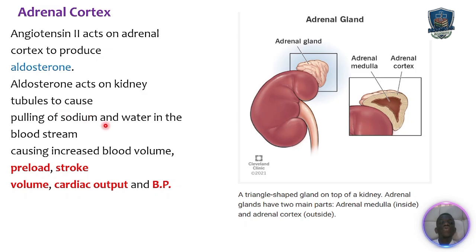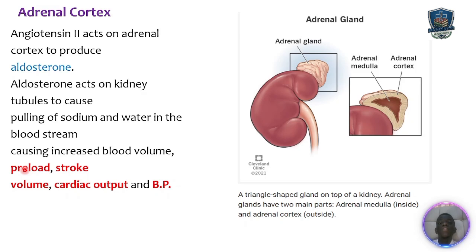Now, once you retain water, what happens? This will lead to an increase in the venous return, automatically leading to an increased preload. An increased preload, we know, will lead to an increased EDV, increased stroke volume, and also cardiac output, and largely blood pressure. So when you retain a lot of sodium and water, you are increasing the blood volume, and that will increase venous return, stretching the ventricles further, increasing the preload.